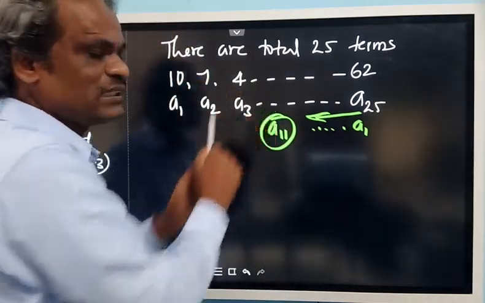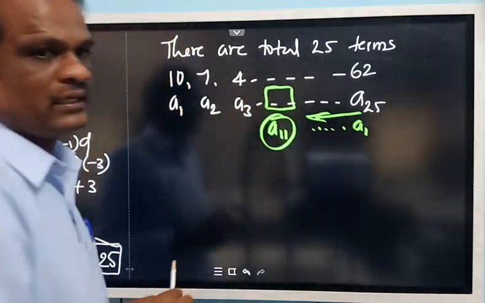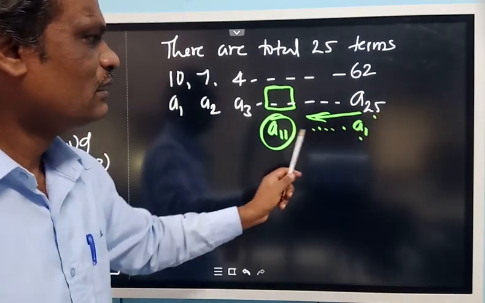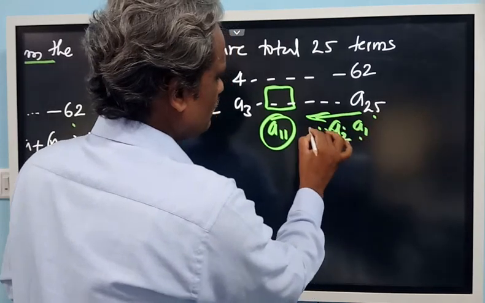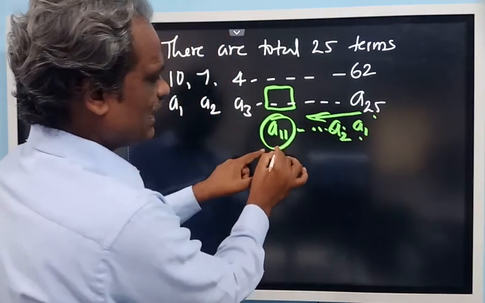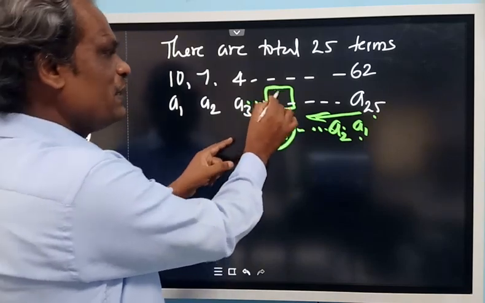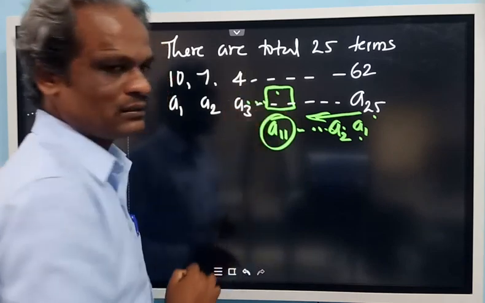Suppose you make the 25th term A1 and keep coming like this: A1, A2, A3. Somewhere A11 will be there, and the same A11 will be here in this list. If you count from this side A1, A2, A3, what is this number?